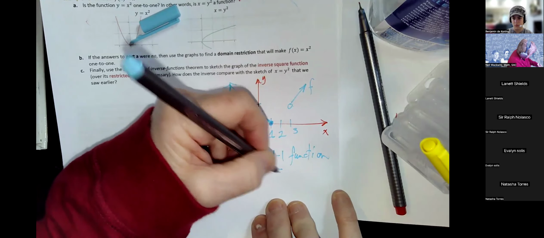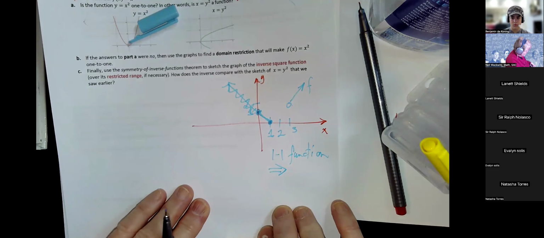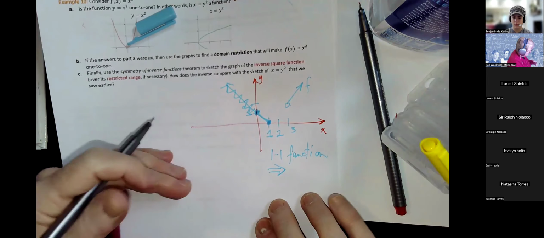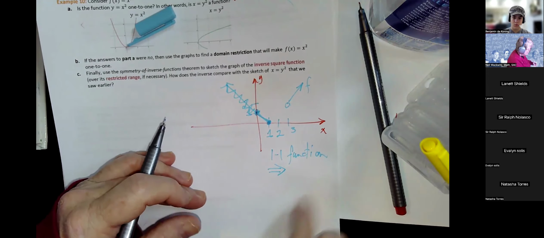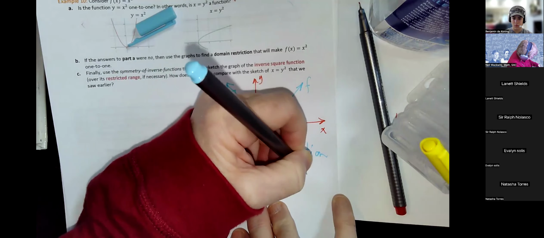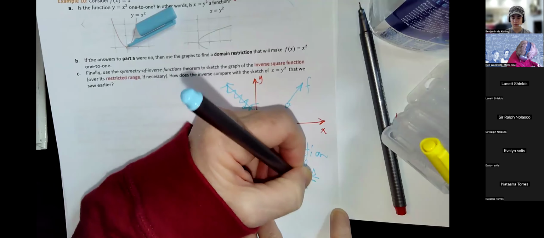So in order to be a one-to-one function, you just need to pass the vertical and horizontal line test. That's exactly right. And a one-to-one function is the only kind of function that has an inverse. That means f has an inverse.